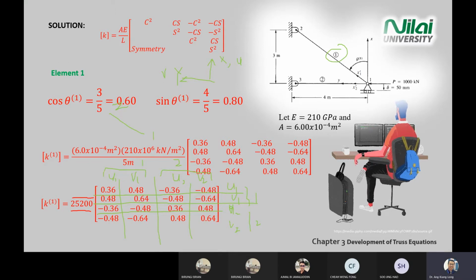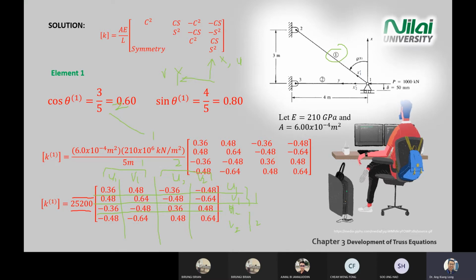Try to observe what I'm writing on the screen here with the green color. Let me know if you don't understand how to label the green color numbers or green color alphabets. Don't get confused, because once you get confused, you will get the wrong final answer. Okay, make sure you arrange them correctly in the correct sequence.